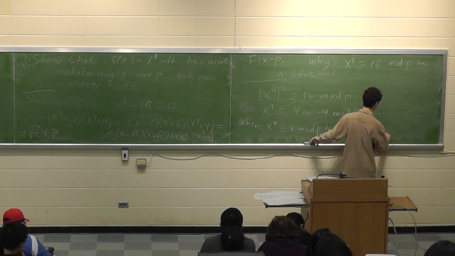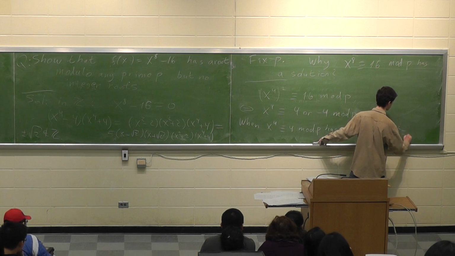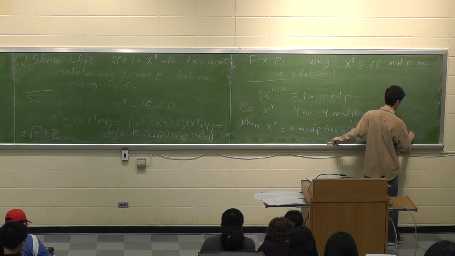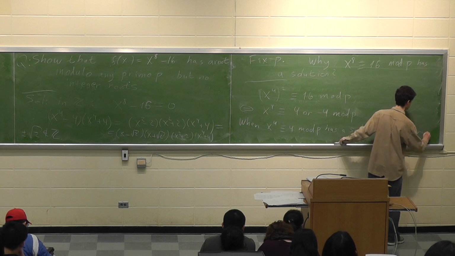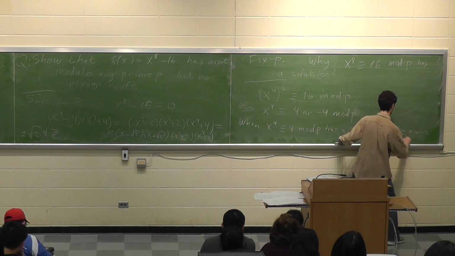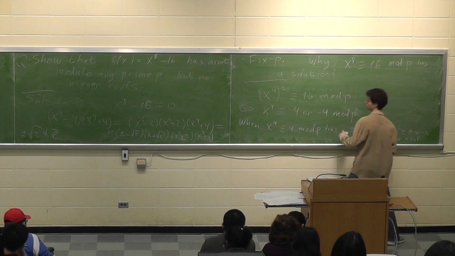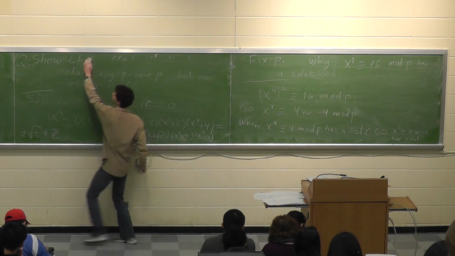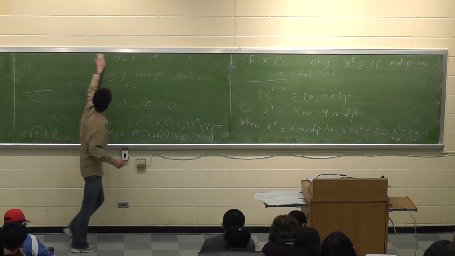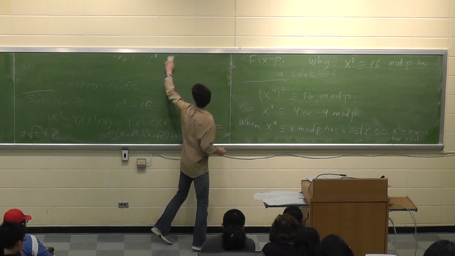Well, if and only if x squared is congruent to plus 2 or negative 2 has a solution, if and only if 2 or negative 2 are quadratic residues modulo p.